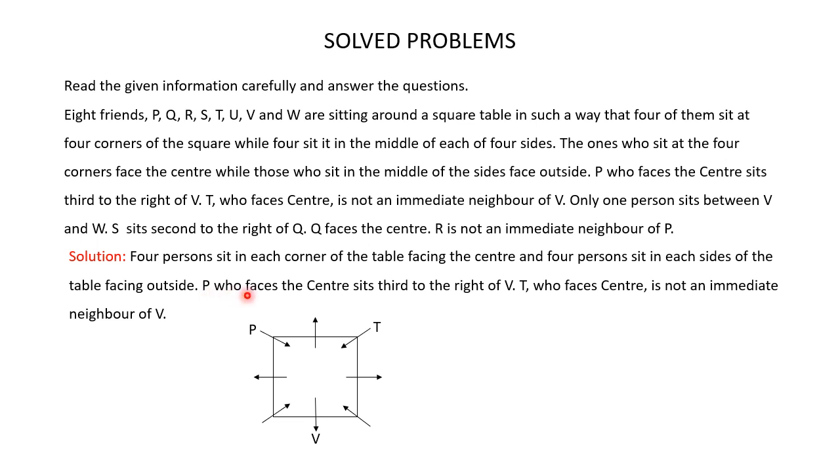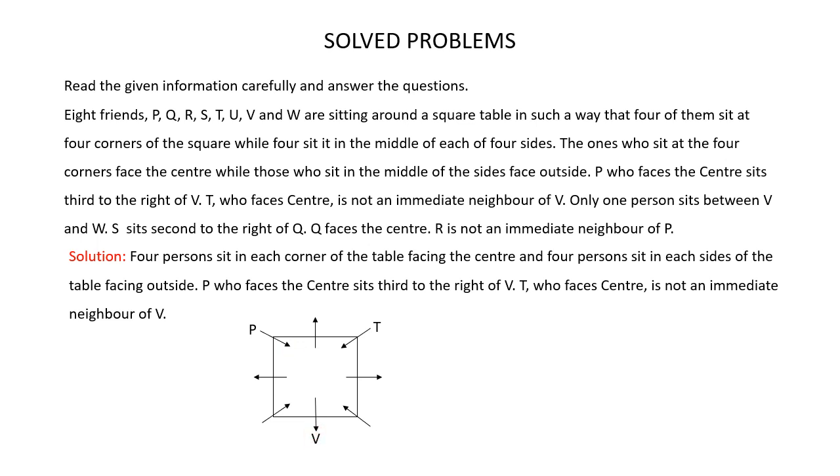So now it's given P who faces the center sits third to the right of V. So V has to sit in the side so that third to the right of V will be this position for P, and here P can face the center. So P has to be in the corner facing the center and V has to be in the side.